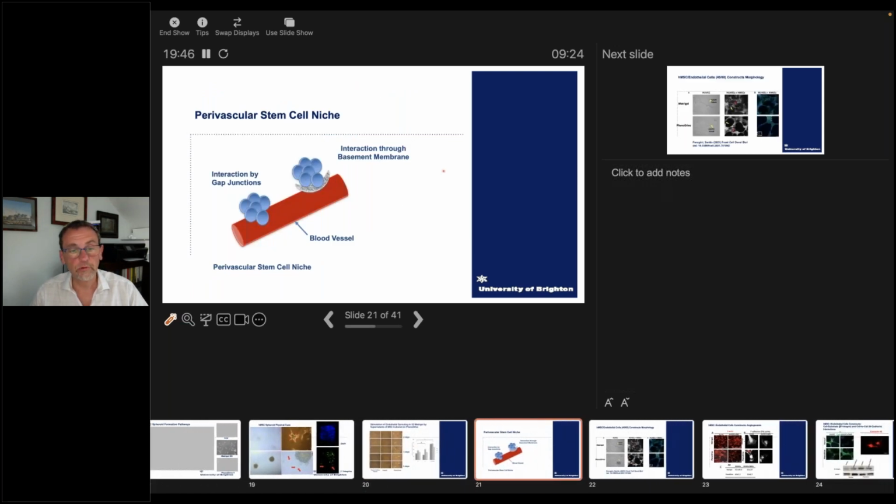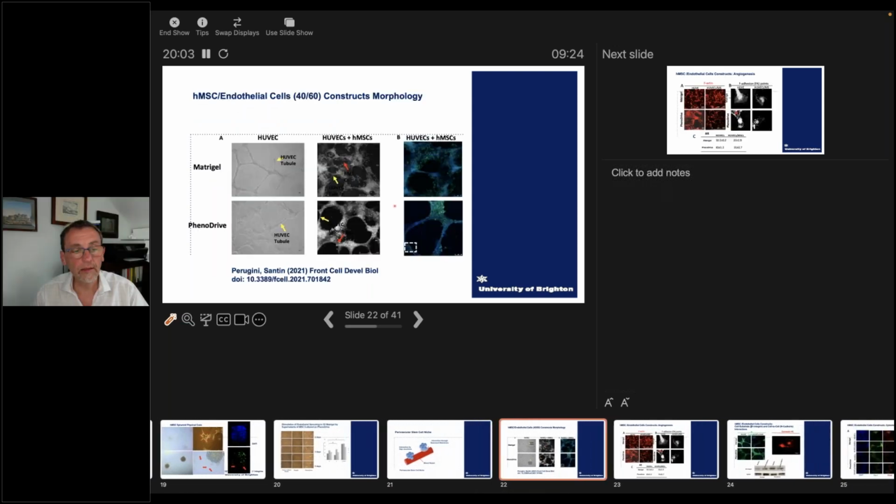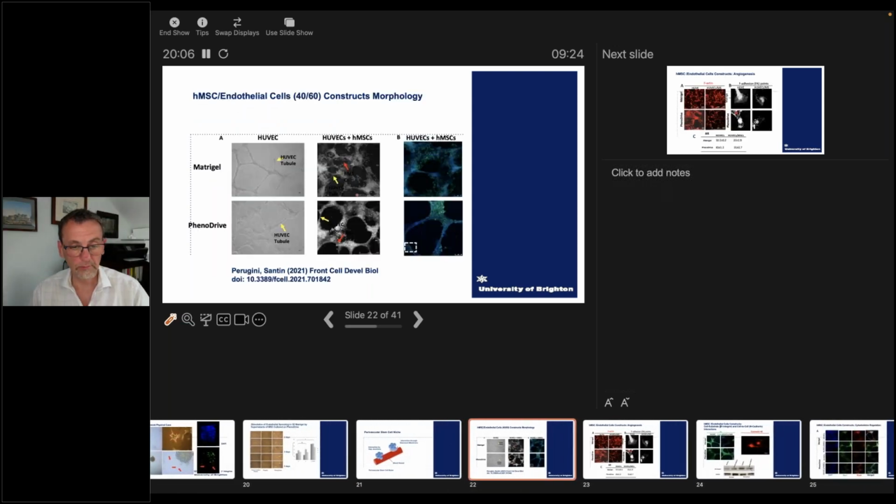So we moved a step forward and we said, can we make our culture conditions more complex, trying to mimic the perivascular stem cell niche? And here you can see another paper we published 2 years ago, whereby we compared Matrigel with PhenoDrive for HUVEC only.